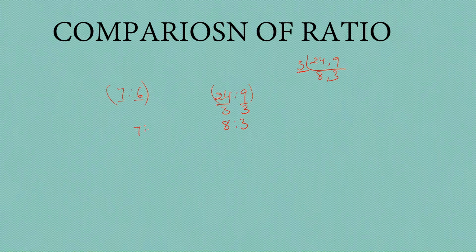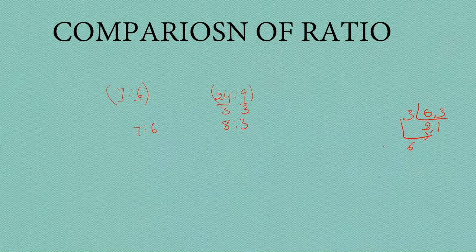Now we have to compare 7:6 with 8:3. We have to take the LCM of 6 and 3. Taking the LCM, it would be 3 into 2 into 1, which is 6. So the LCM would be equal to 6. Consider the first ratio. The consequent of the first ratio is 6. So LCM divided by the consequent of the first ratio gives 6 by 6, that is 1.